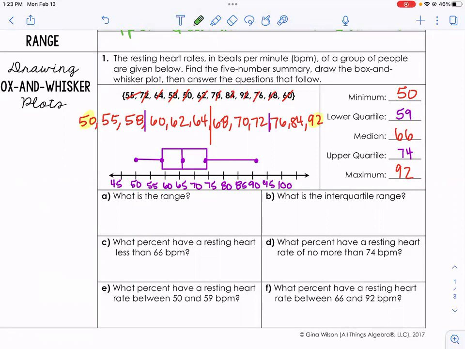We look at our 5-number summary, and we're going to take the maximum minus the minimum. Our range is 42. Now, the interquartile range. In our 5-number summary, we take the upper quartile minus the lower quartile. What's that number? Okay, I'll tell you it's 15.